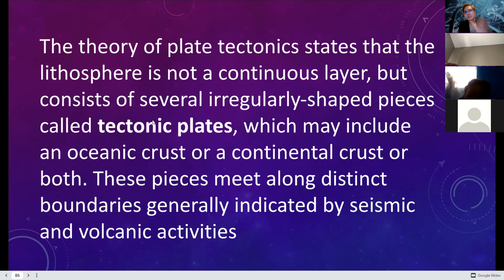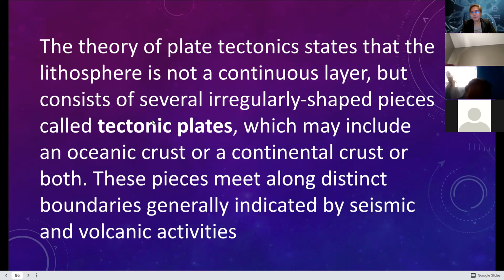Tectonic plates are always associated with earthquakes because if there are movements of tectonic plates, there is always an earthquake, and there is always a volcanic activity in that particular area.